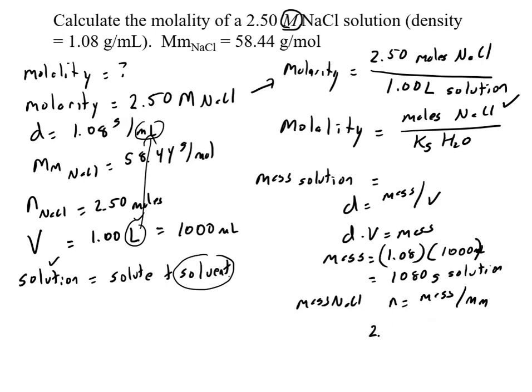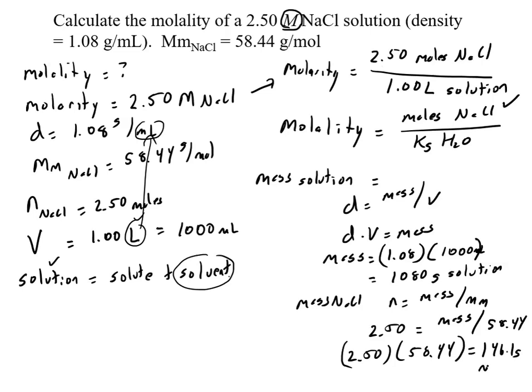So I have 2.50 moles times 58.44. So 2.50 times 58.44 gives me, I have it written down, 146.1 grams of NaCl.